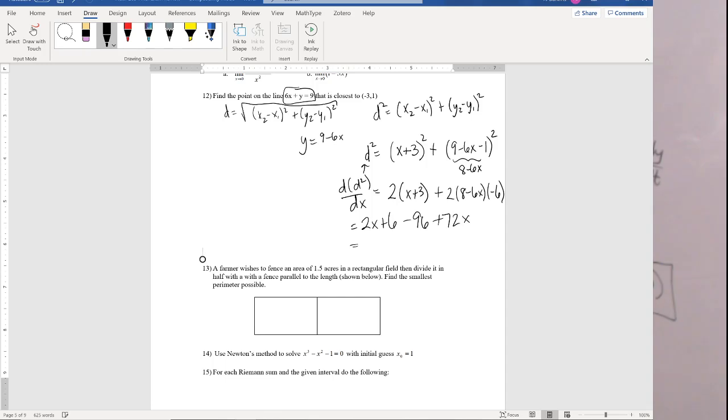So, looks like 74x minus 90. And if we're optimizing, we want it to be 0. So it looks like that's the value of x. And then you would take that number and plug it back into this equation right here to get y.